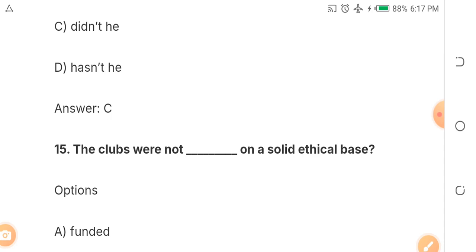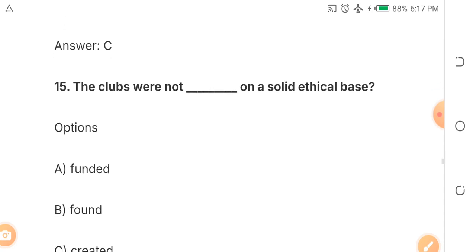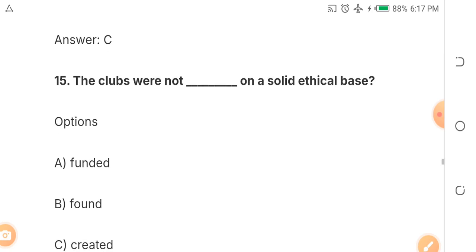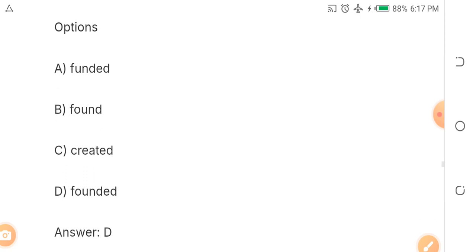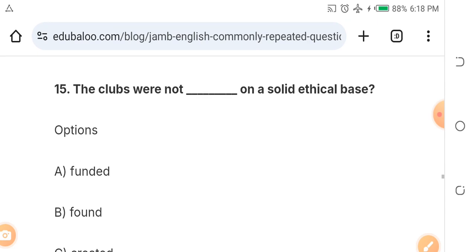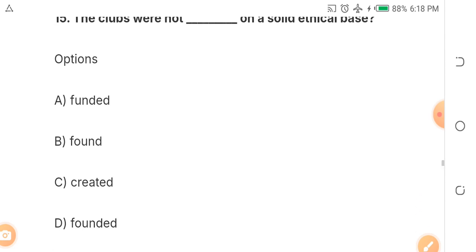Number 15. The clubs were not dash on a solid ethical base. Which of the options best fills this gap? A, funded. B, found. C, created. D, founded. The clubs were not founded.